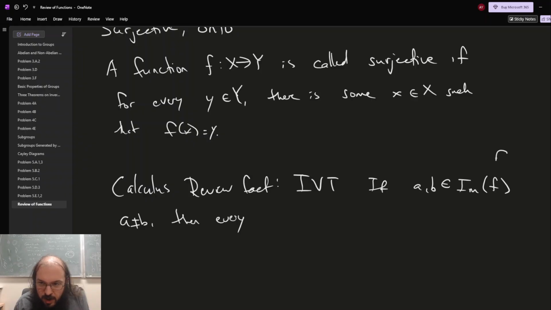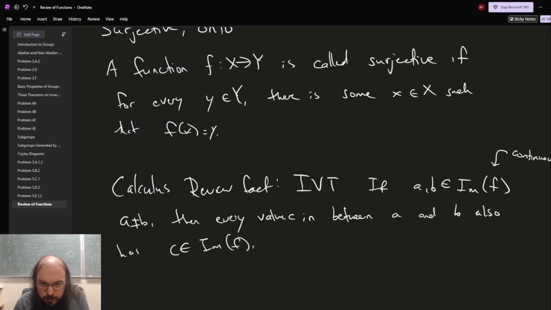Or in the image of f, which is assumed to be continuous. It's not true if I don't include all the words, right? Then every value in between A and B, every value, how about we call it C, also has C in the image of f.